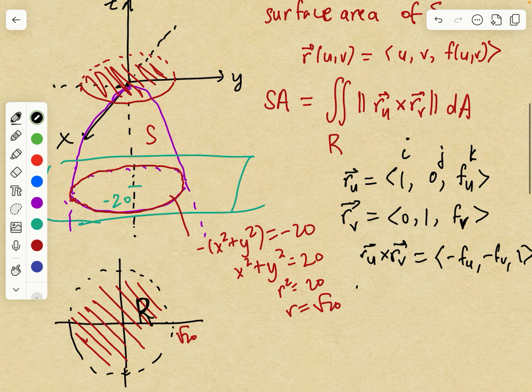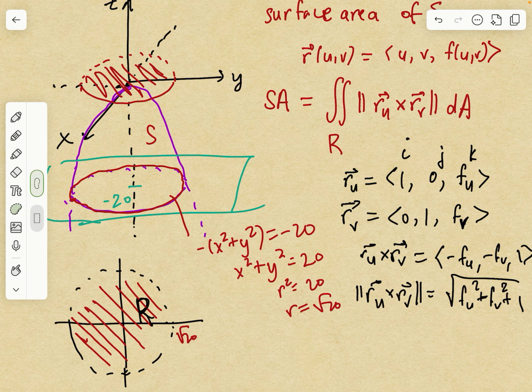So then the magnitude of r_u cross r_v is the square root of f sub u squared plus f sub v squared plus 1. This is a useful formula to remember. If you have the graph of a function z equals f of x, y, and you want to find the surface area of a piece of it, you project onto the xy plane, and then you can just use this formula.